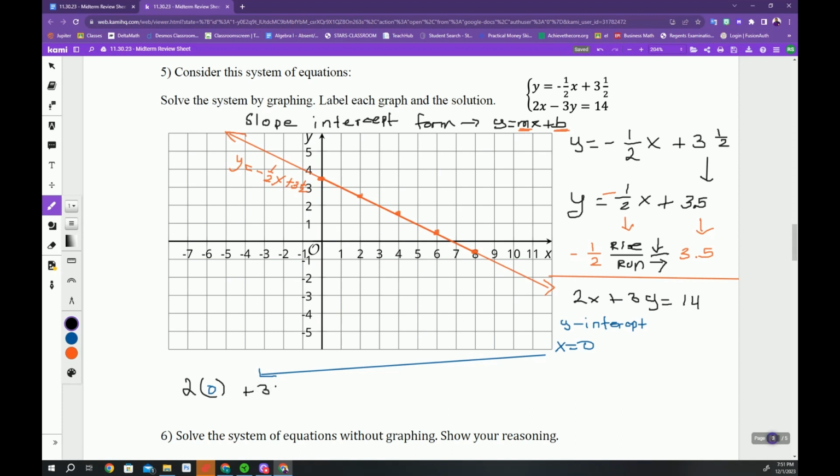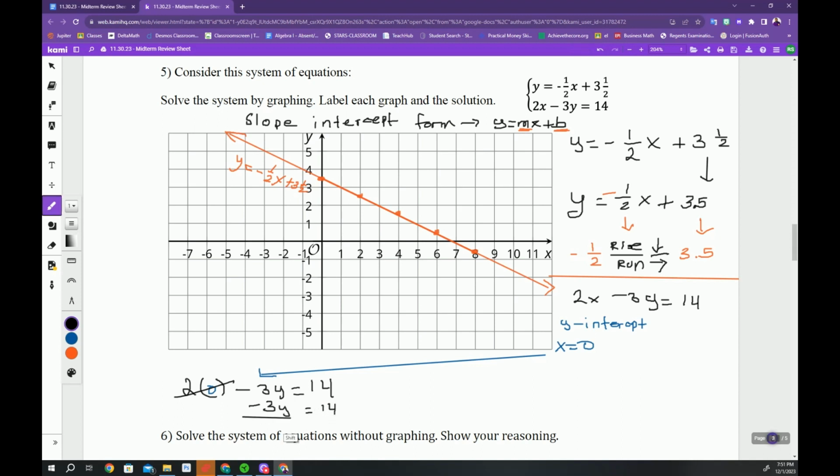minus 3y equals 14. By the way, I just realized this equation is minus 3y, not plus 3y. Well, 2 times 0 cancels out. That's 0. And we're left with negative 3y is equal to 14.